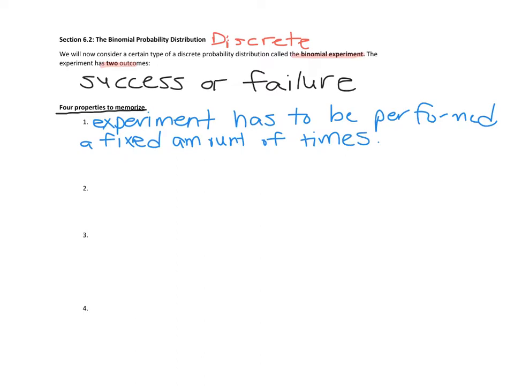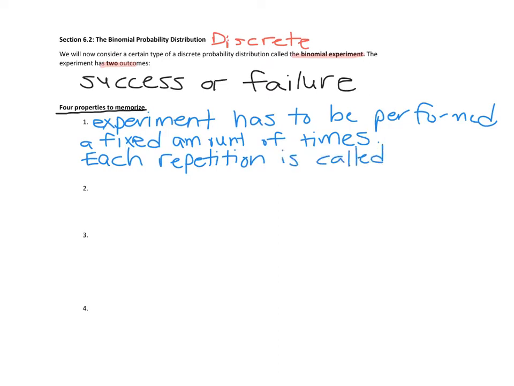We're not allowed to flip the coin until we get 10 heads, because we could end up flipping the coin like 100 times. We don't know. So we have to have a set amount of trials. Each repetition of this experiment is called a trial.